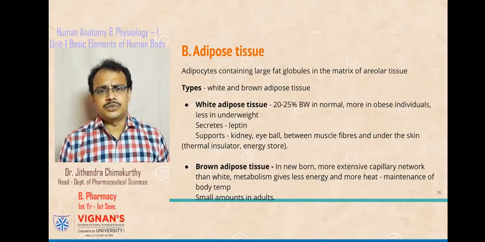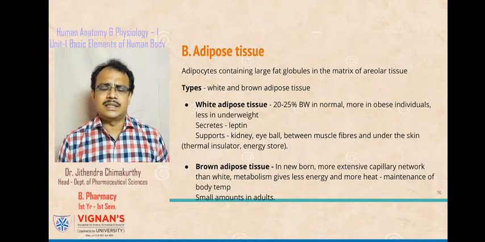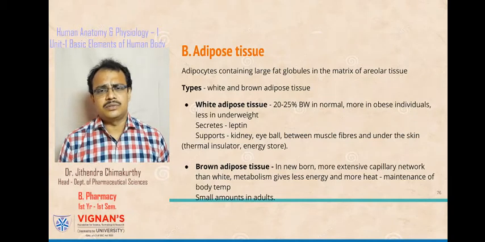White adipose tissue is present in adults, and constitutes about 20 to 25% of the body weight in a normal healthy adult. The amount of white adipose tissue might be more in people who are obese, and less in people who are underweight.